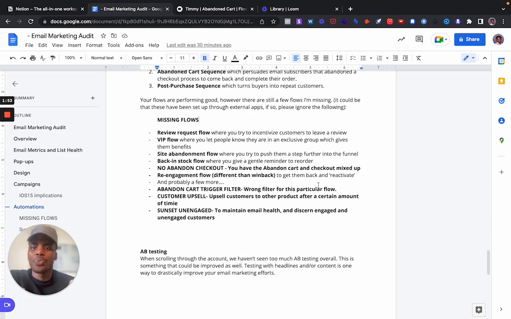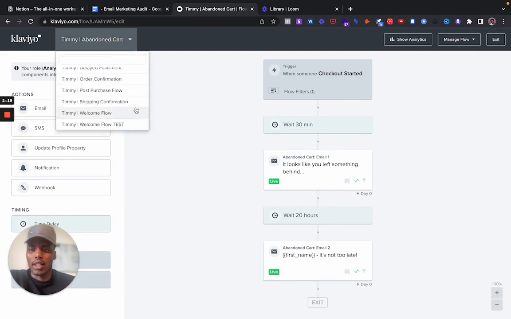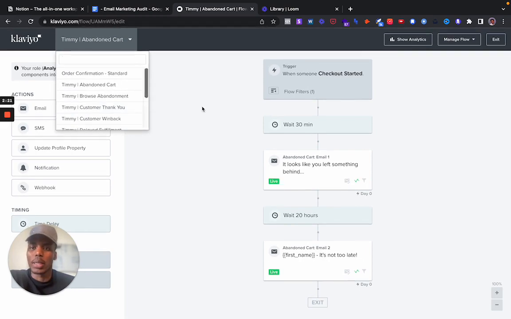For example, receiving first access to new products, specific offers that are entirely new, and just really your higher average order value, your higher spending customers, and that's where your VIP flow should come in. And it can be really powerful because these are customers that spend the most with you, so you should really try to personalize a specific messaging to them. And this again here wasn't to be found.